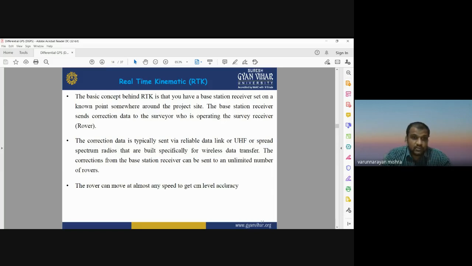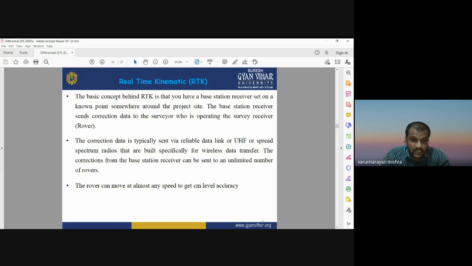So the basic concept of RTK is that you have a base station receiver set on a known location, somewhere in the study area. The base station sends the corrected data to the surveyor who is operating the survey receiver. So in real time kinematics, the receiver at the base station will send the corrected data to the surveyor who is operating the rover GPS receiver.